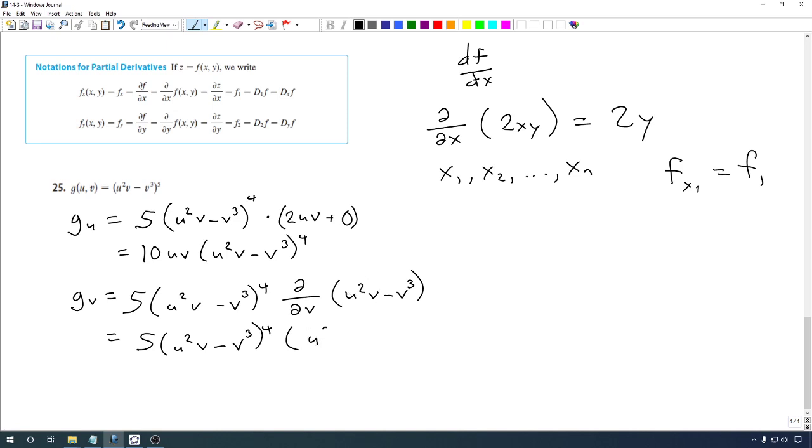So we end up with a u squared. Minus v cubed, this time v is not a constant, it's what we're differentiating, and so we just differentiate how we normally would. So derivative of v cubed, we end up with a 3v squared. We're subtracting that. And this time, there's not really any simplification we can do. We just have two terms here. And so that would be our answer.